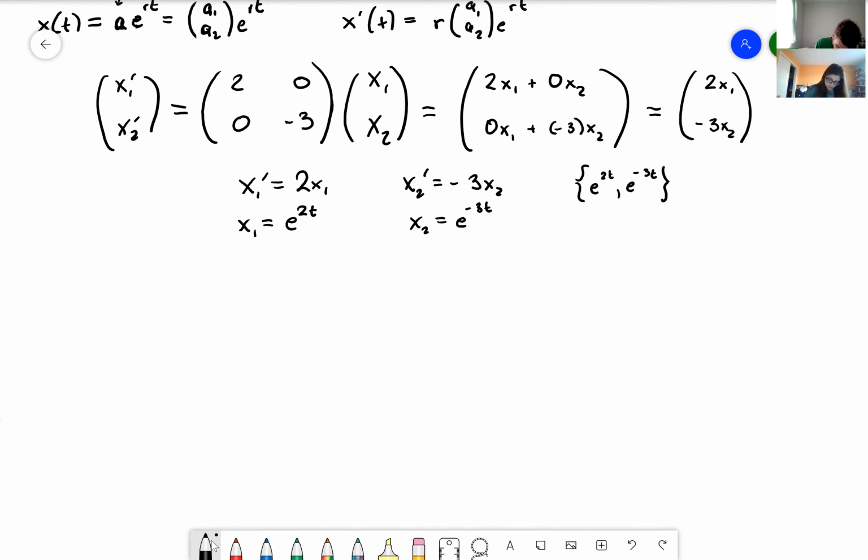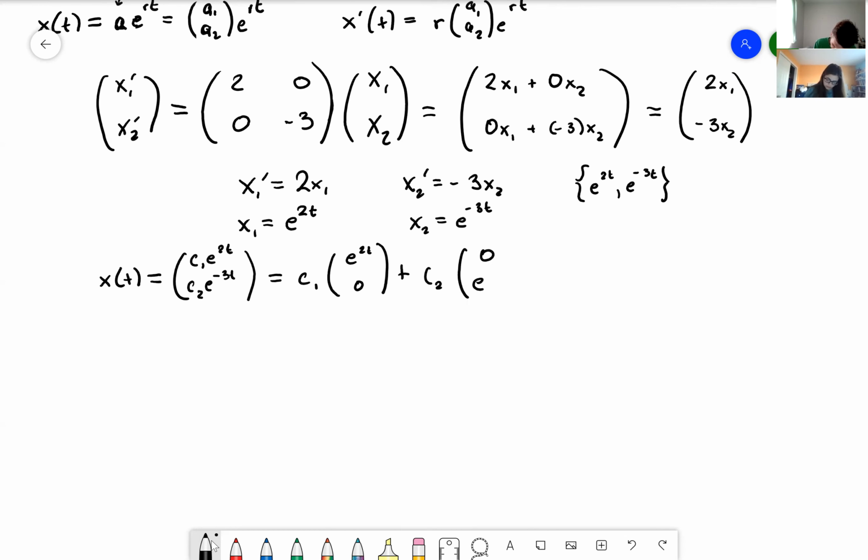Okay. So if we write out our general solution x of t, this will be some arbitrary constant times x1, so d1 e to the 2t, plus some arbitrary constant times x2, that's e to the minus 3t. And we can write this as c1 times the vector e to the 2t, 0, plus c2 times the vector 0, e to the minus 3t.